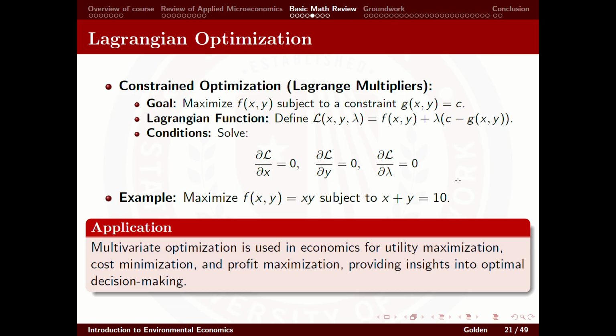But basically what you do is you do f of x, y equals xy, and then you do lambda times 10 minus x minus y, and then you take the derivative with respect to each of the variables, and then you solve for the variables.